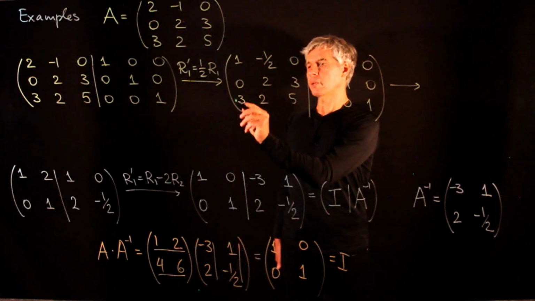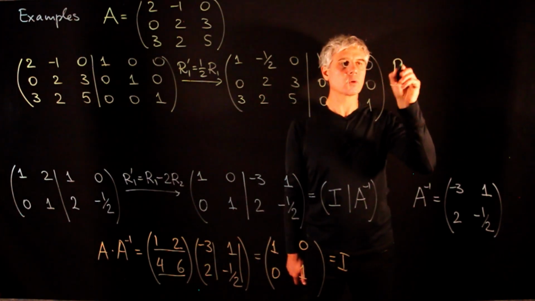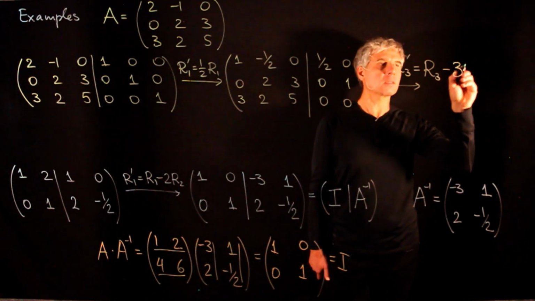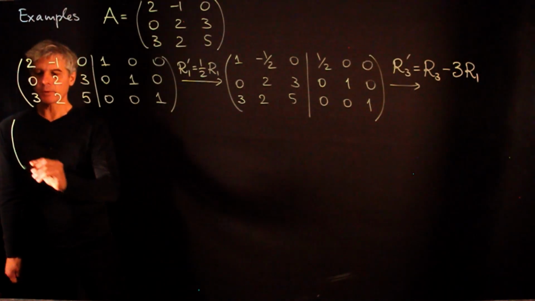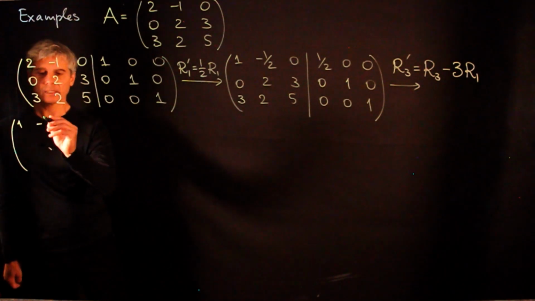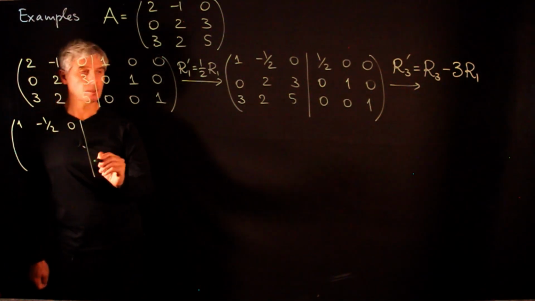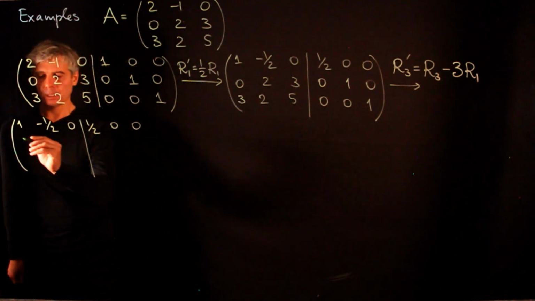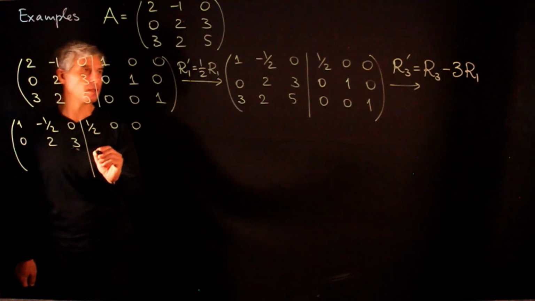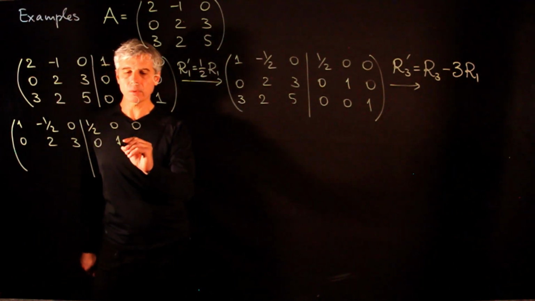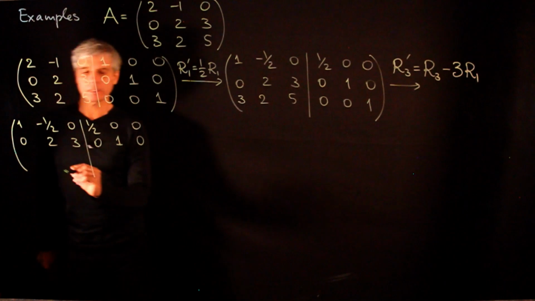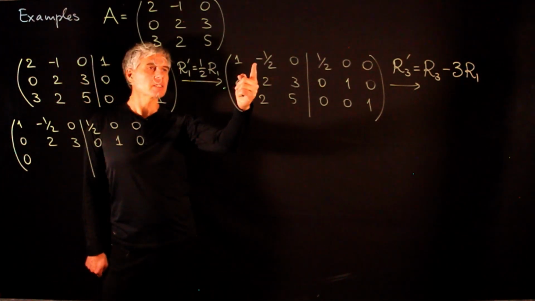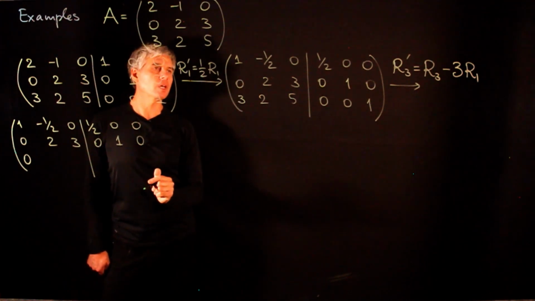So then we need to eliminate this 3. So we say that row 3 new is row 3 minus 3 times row 1. Our resulting matrix is 1, -1/2, 0, 1/2, 0, 0, then 0, 2, 3, 0, 1, 0, and here we have 0, then 2 minus 3 times -1/2.